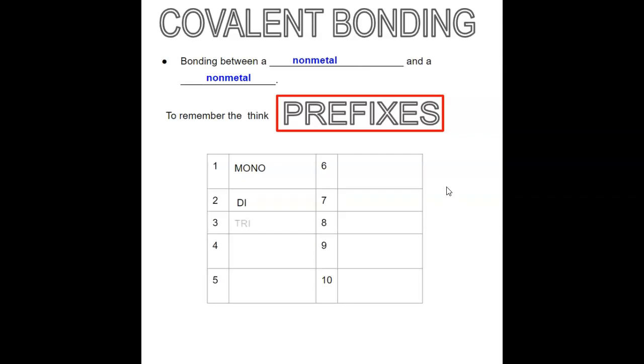Di means 2, tri 3, tetra means 4, penta means 5, hexa is 6, hepta is 7, octa 8, nona 9, deca 10. Again, just be aware that there are times when we don't put the A's on there. That's usually, but not all the time, when there is a vowel next. Sometimes they'll put two vowels together, but sometimes they don't.